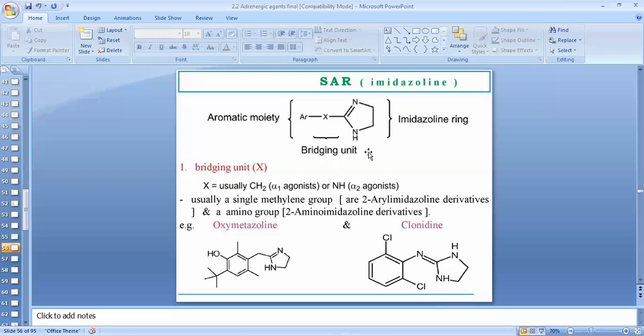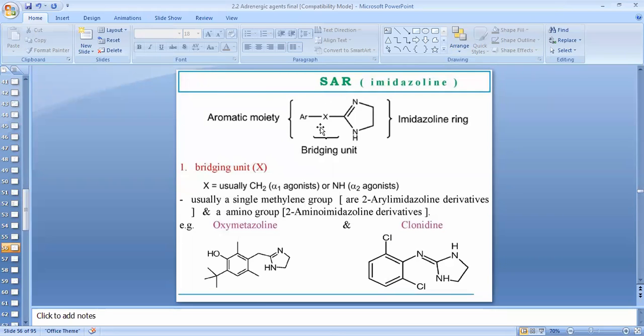This bridging unit, X, is usually CH2, a methylene group, which gives the alpha 1 agonist or alpha 2 agonist type of action. Usually, a single methylene group gives a 2 aryl imidazoline derivative, and an amino group gives a 2 amino imidazoline derivative.